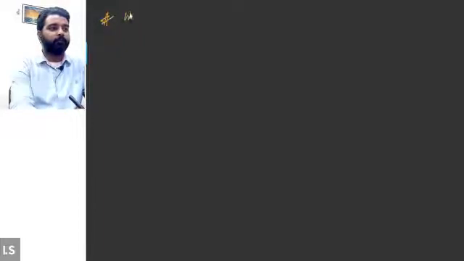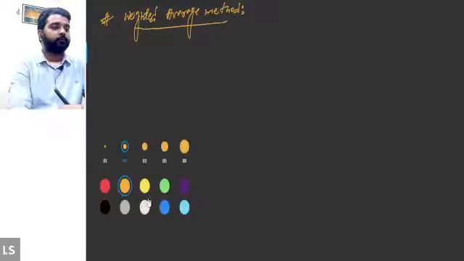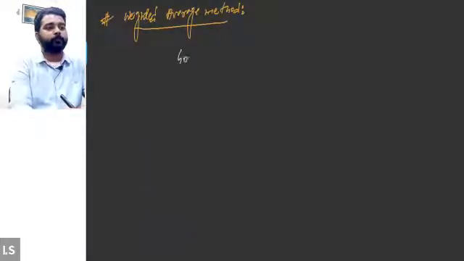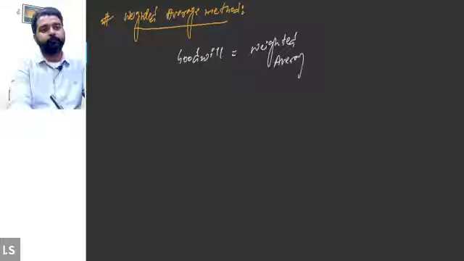As per the weighted average method, the formula to calculate the goodwill is: goodwill equals weighted average profit multiplied with the number of years purchased.